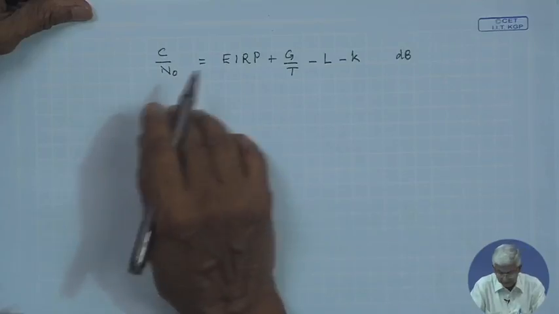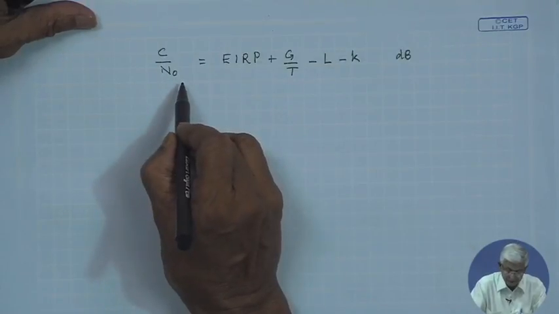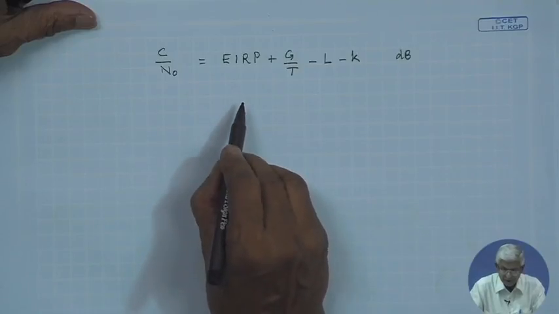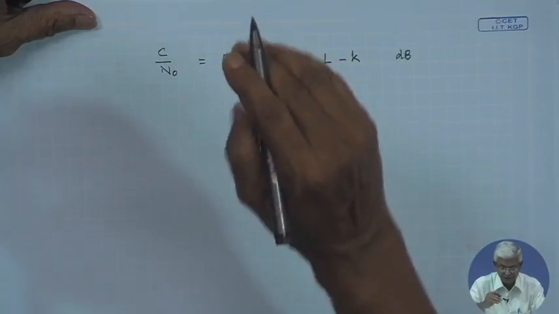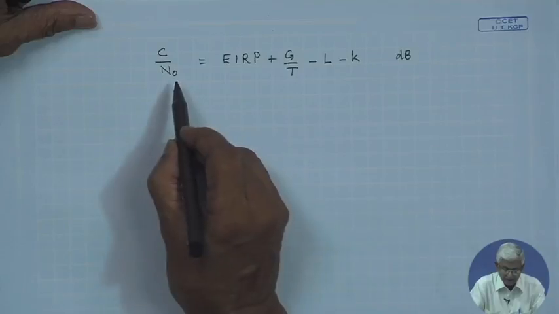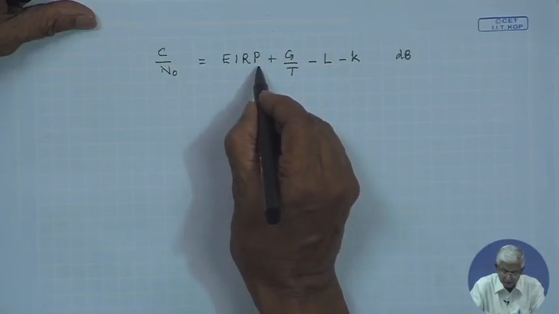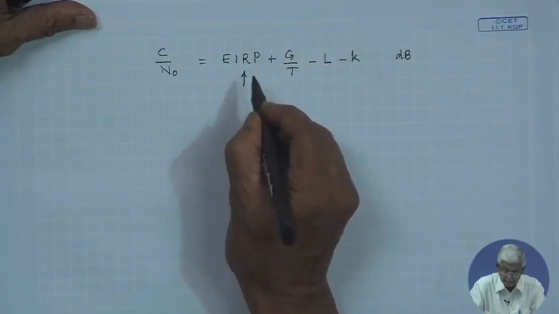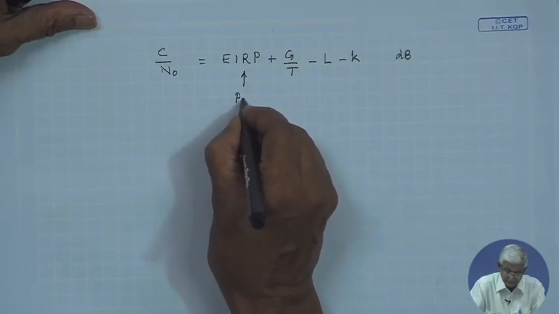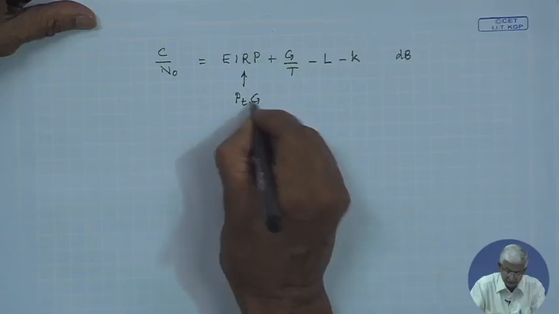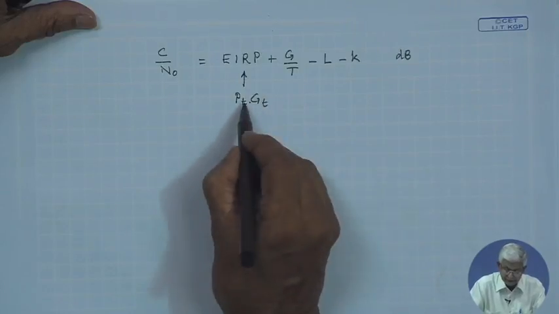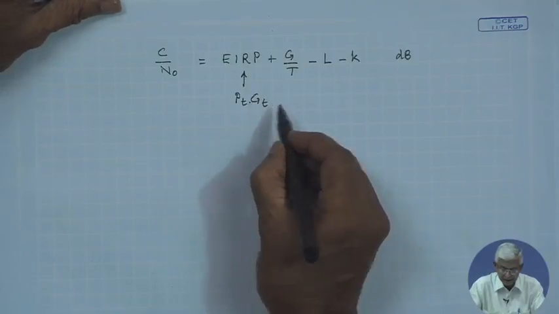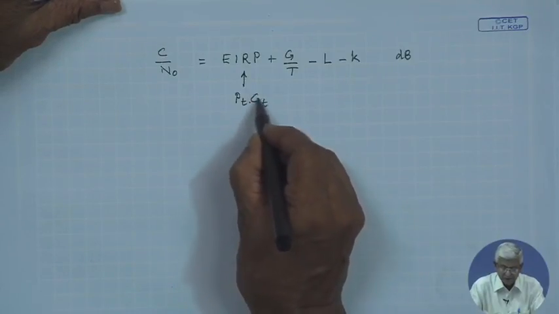Now this form of equation is true for uplink and downlink. So when you are on the uplink from the ground station, that is from earth to space, the C by N naught uplink will depend on the EIRP of the earth station. What is EIRP? This is nothing but PT into GT, that is, the power amplifier output including the feeder loss, and then the gain of the transmitting antenna.